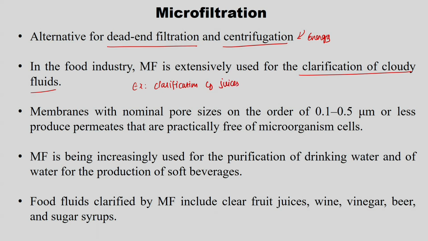Membranes with nominal pore sizes on the order of 0.1 to 0.5 micrometer or less produce permeates that are practically free of microorganism cells, right. This is what we told: cells and debris get retained in the microfiltration operation.